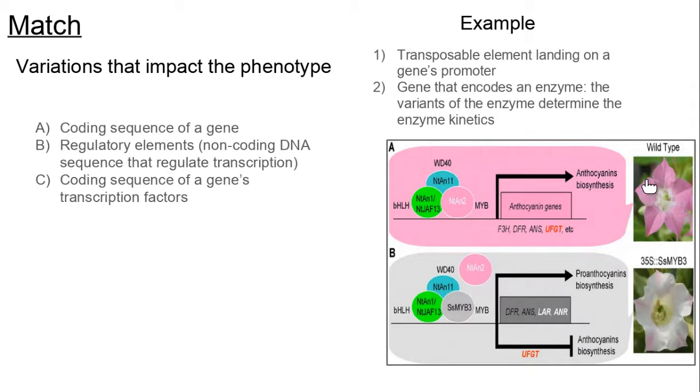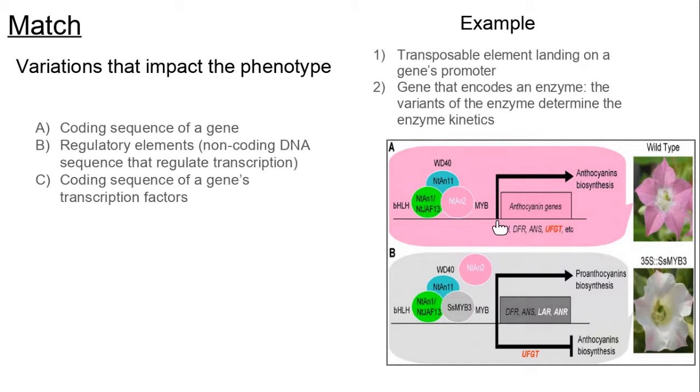How does it become pink? It's when you express these anthocyanin genes. I only showed you one in the previous question. I love flower colors because it's easy to understand and to see. But these are different genes that would be involved in the anthocyanin pathway.